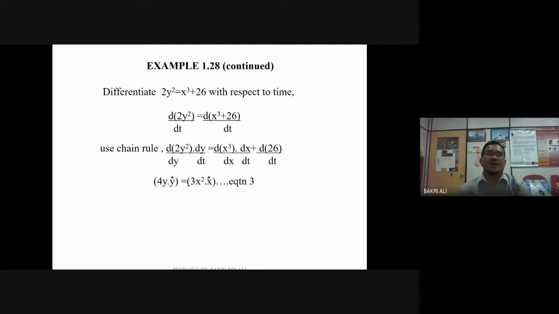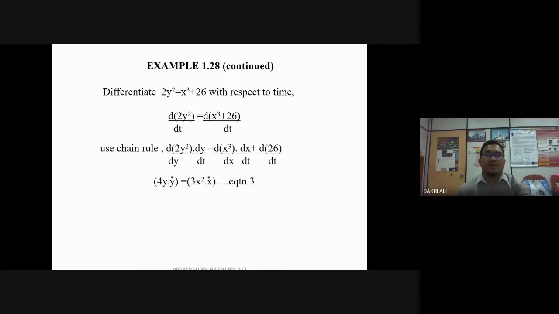So the first thing you need is to understand the chain rule technique. We differentiate with respect to time, so d of 2y squared over dt equal to d of x cubed plus 26 over dt.